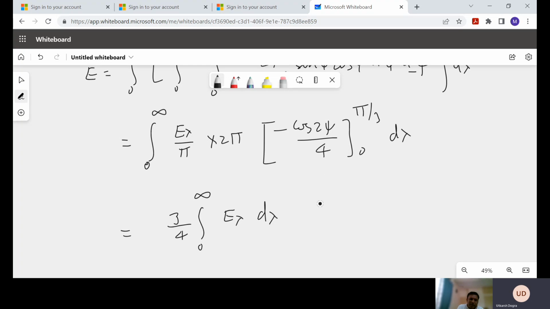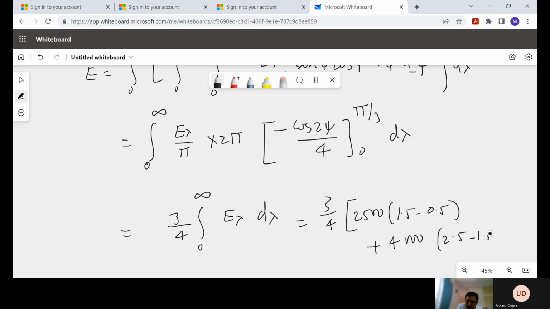E lambda values are given for various values of lambda. Yes, sir. So this comes around 3 by 4 as it is, and for the different values of E lambda, we can get 1.5 minus 0.5. This will be the first term. The second term will be 4,000.